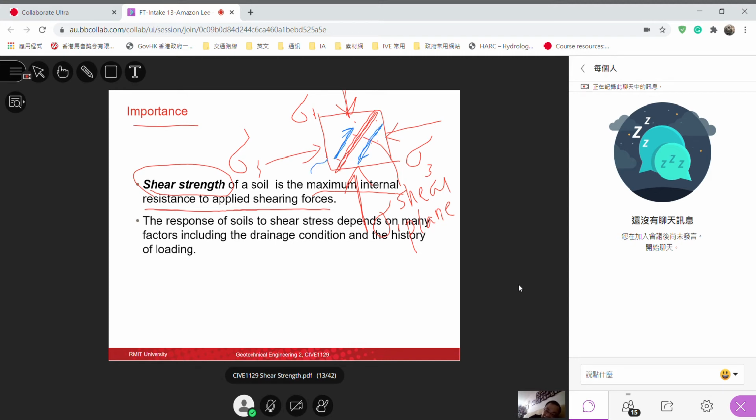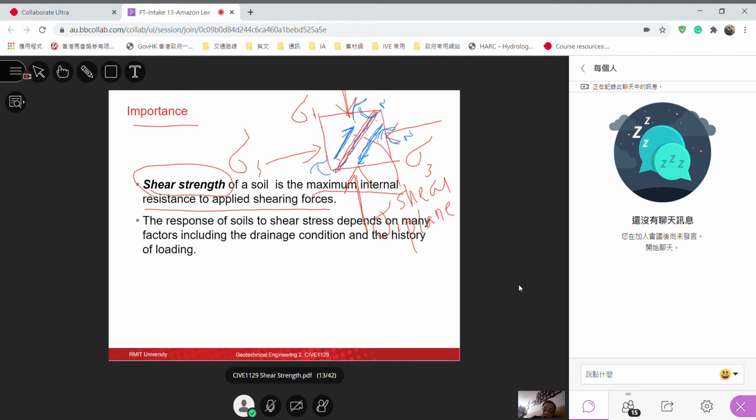Here is the shear resistance that develops along this potential failure plane. So this is the shear stress. Shear comes in a couple; it has to come in a pair, and they have to be balanced. So if we have a shear going to the right, then on the other side of the failure surface you have the shear stress to the left.